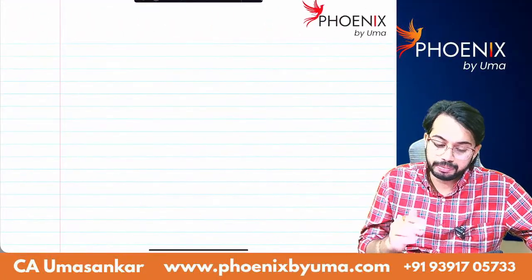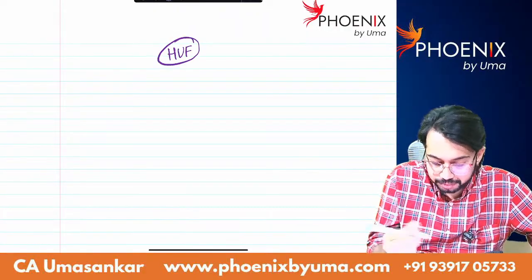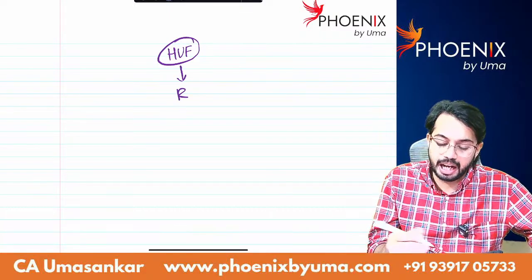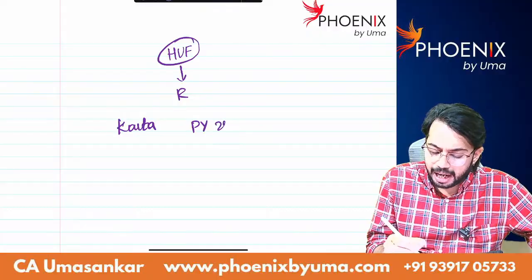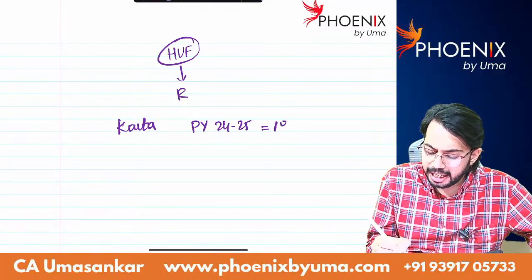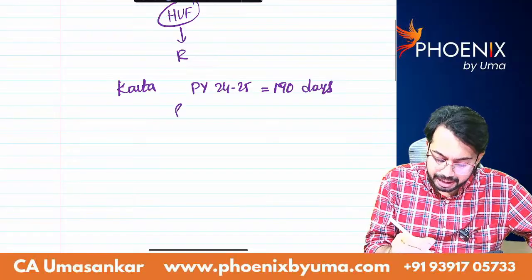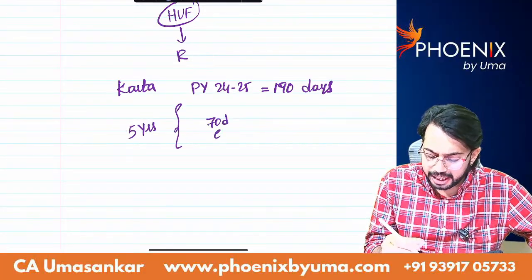Okay. Now, first of all, HUF is resident in India. Karta, in 24-25, stayed in India for 190 days. In the last 5 years, he stayed in India for 70 days each.